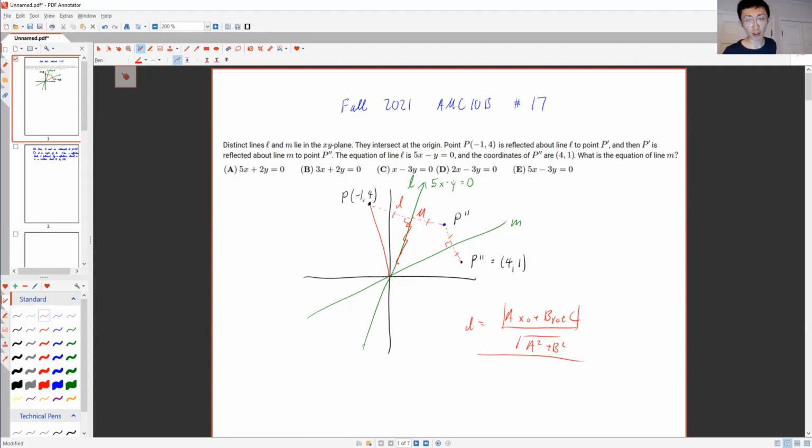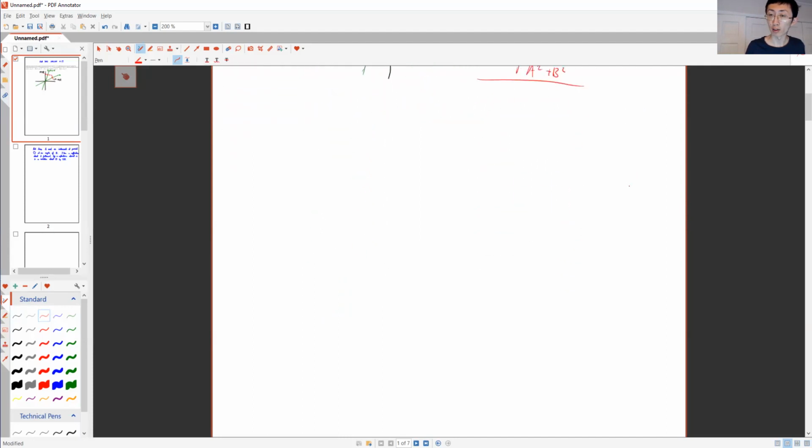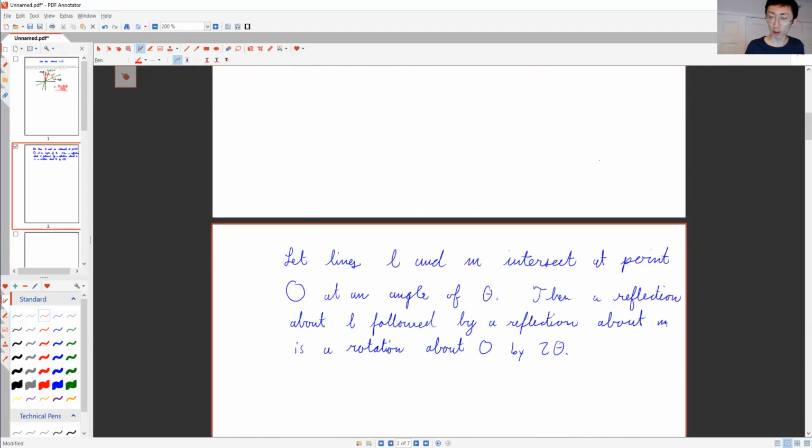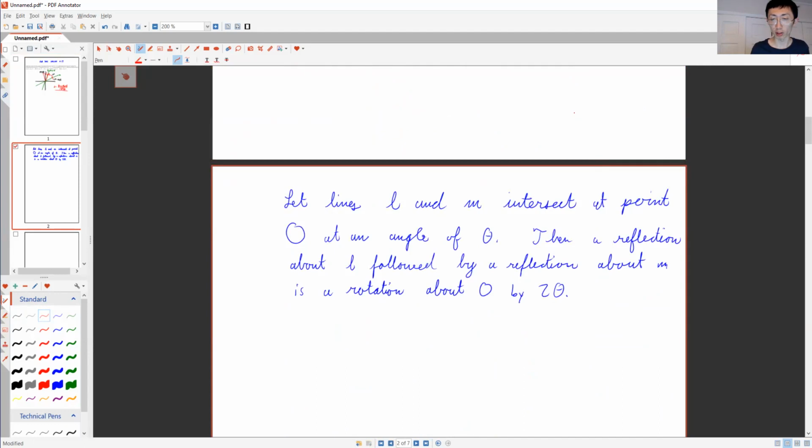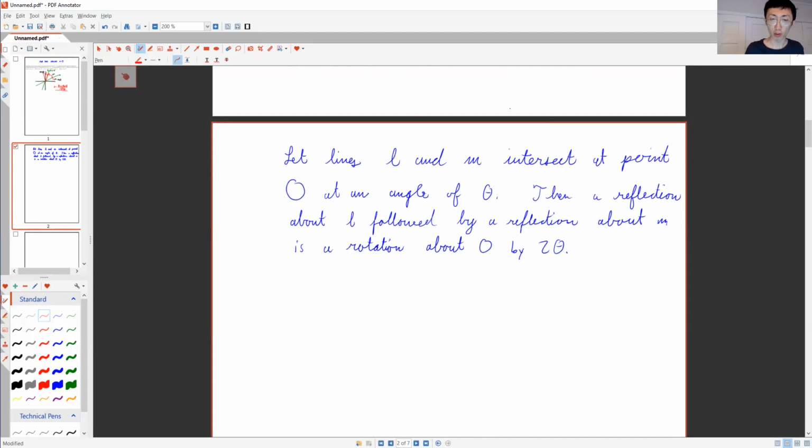But let's see if we can do a better way to do this problem that involves almost no computation. To do that, we'll just use this really common reflection theorem. So the setup is this.